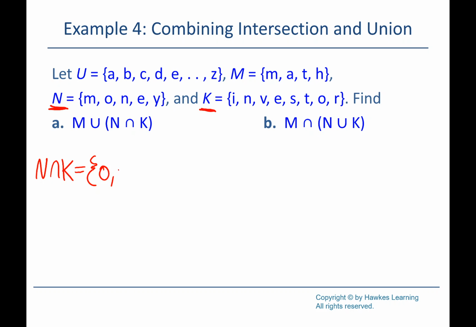I see N. Let's see any more. I see one more. What else? E. Yeah, E. I think that's all of them. Okay. O, N, and E are in sets N and K. So they're in the intersection.